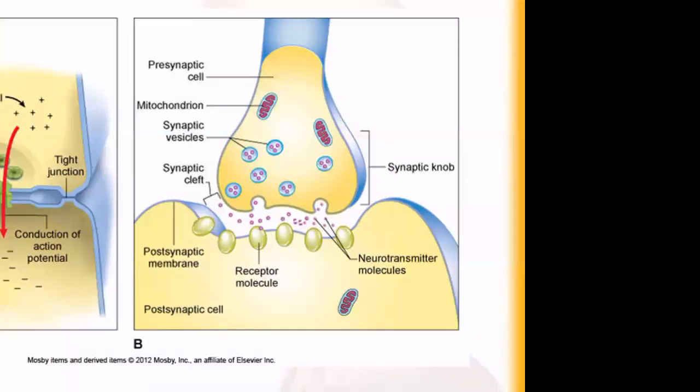Because remember, just like in the muscle, when that neurotransmitter binds to these receptors, the more it binds to the receptors, the stronger the signal is going to continue. So if it's a weak binding, it's going to cause less sodium. It's going to be a weak signal coming into the next neuron.